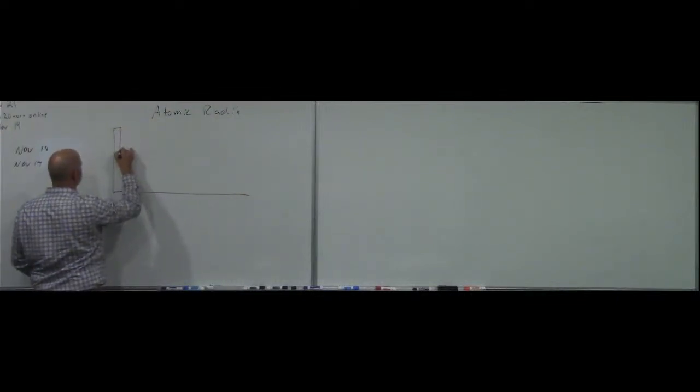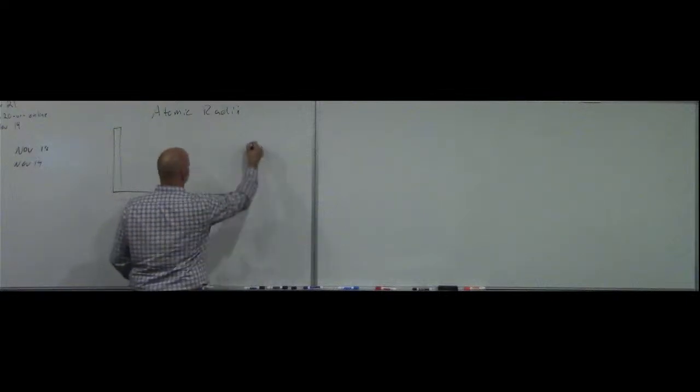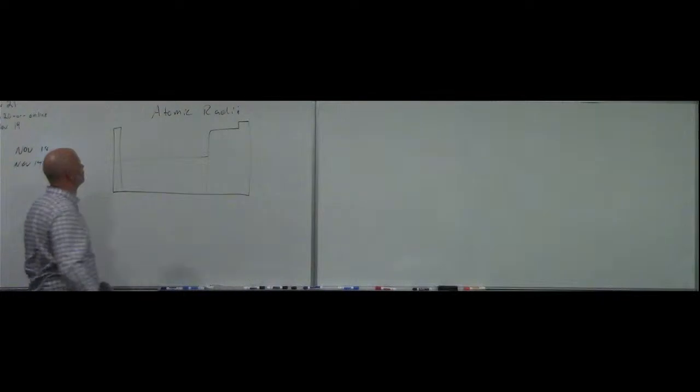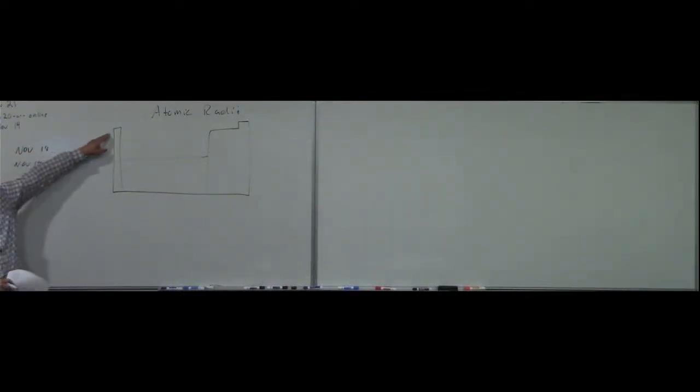So if this is our periodic table, just think about this. Here's hydrogen. Now if I fill that 1s and go to the 2, I've got everything that was in the 1s and I added a whole other layer, right?